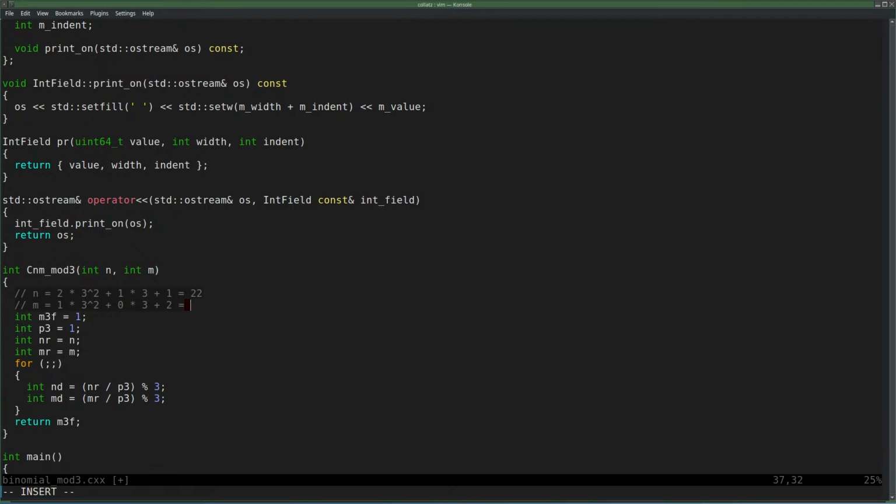I want something odd maybe, and then not a prime number. 15. Yeah, but then this is 0.